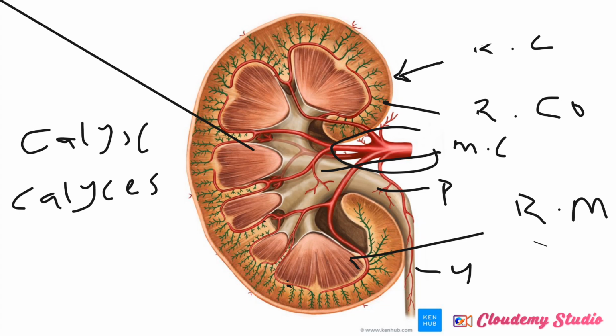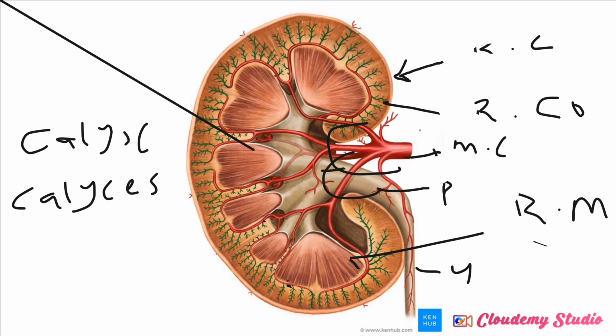Now, this artery and the vein, as well as the pelvis, all of them arise from a place known as renal hilus. It's different from renal sinus. I will tell you about renal sinus later. Look at this. You can't see it, but there is a hole at which this one comes from.